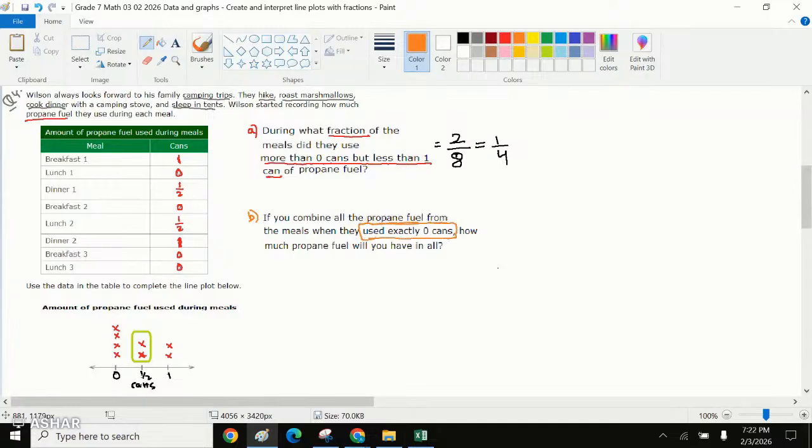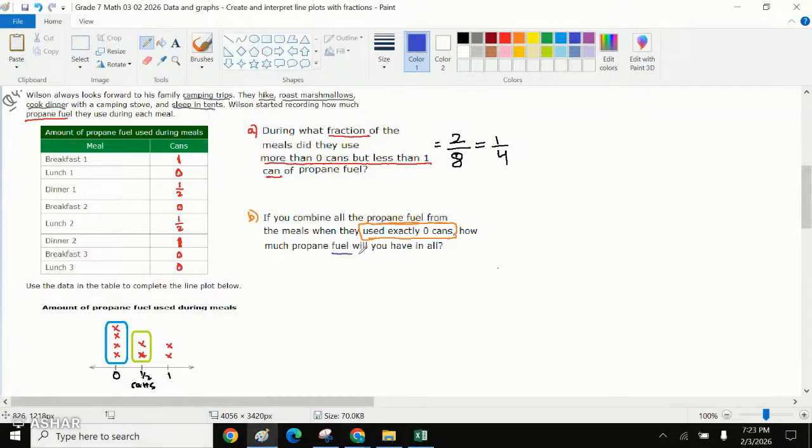That means they are using 0 cans, right? So there were 4 meals. It says there were 4 meals which did not use any propane gas, right? Agreed. That means none of the cans were used.